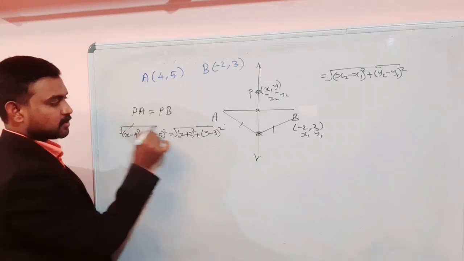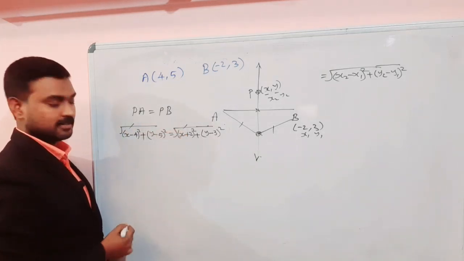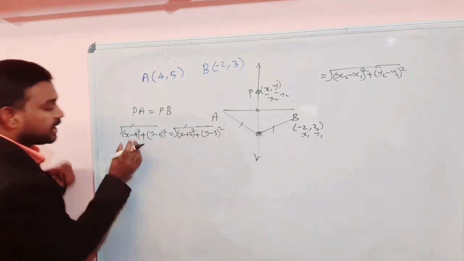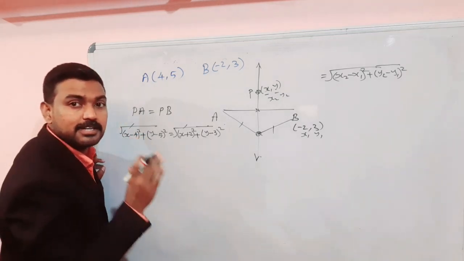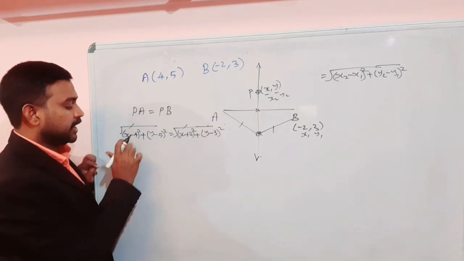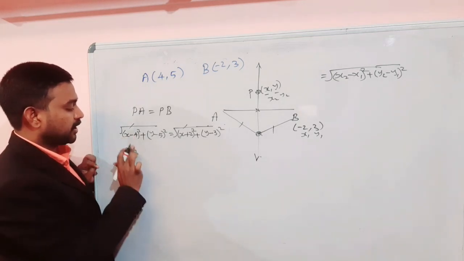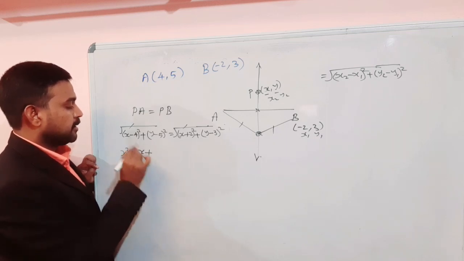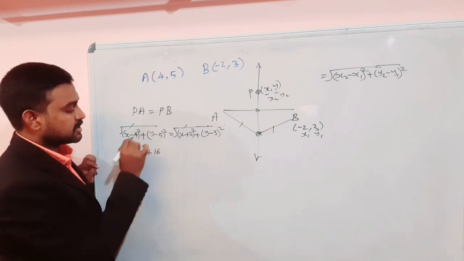Both sides have a square root, so it can be cancelled. So we get (x minus 4) whole square plus (y minus 5) whole square, and it can be expanded using the a minus b whole square expansion. So what will be here? x square minus 2ab, 2 into x into 4, that means 2 4s are 8, so minus 8x plus b square, that means 4 square is 16.